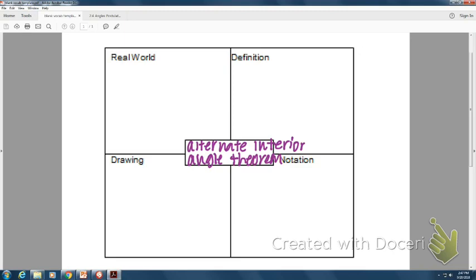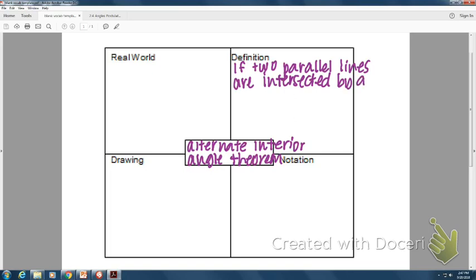If two parallel lines are intersected by a transversal, then alternate interior angles are congruent.